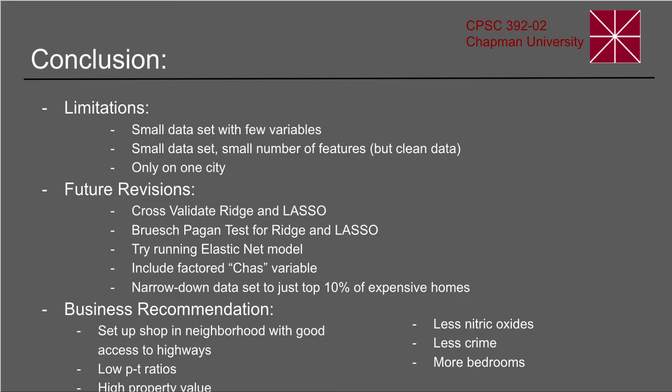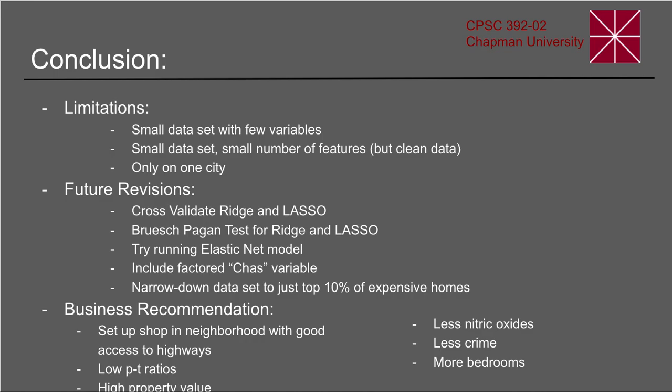Also, I would try running elastic net because it's sort of like a hybrid between ridge and lasso. And I might consider including the CHAS variable that I excluded, that factored variable, just to see if I can improve the predictive power a little bit, and also to see if it would have any resistance to the ridge and lasso models, if it would pop up.